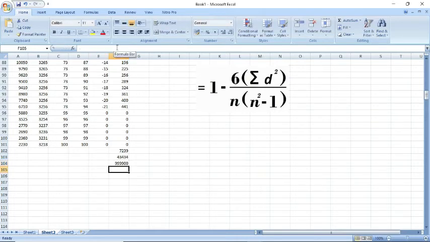You have this as the denominator. This is your numerator now, and this is your denominator, right? This is what you have.